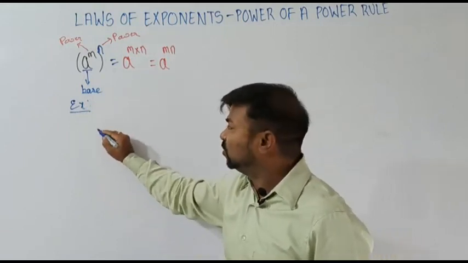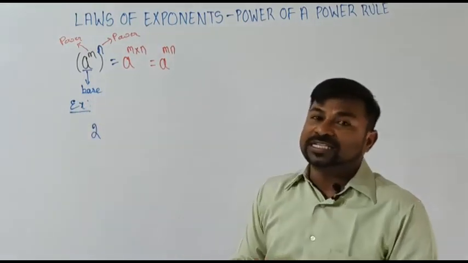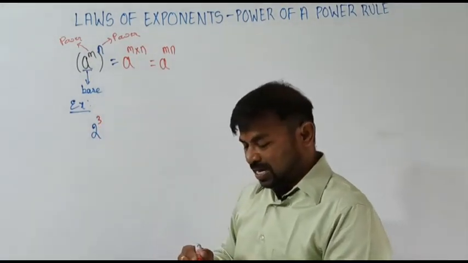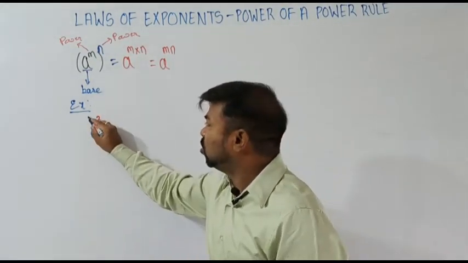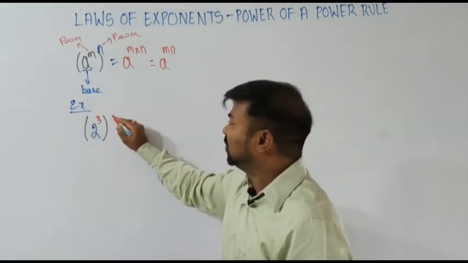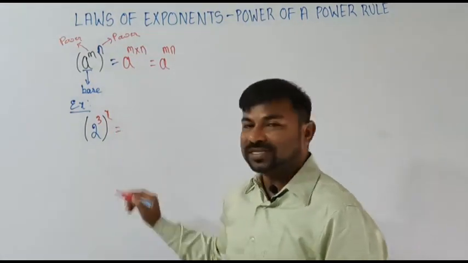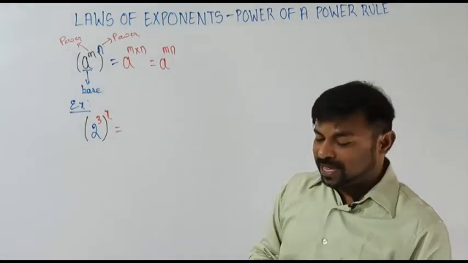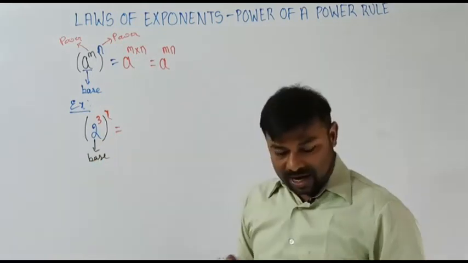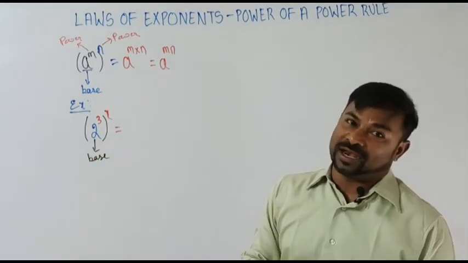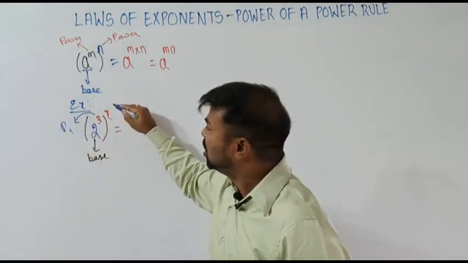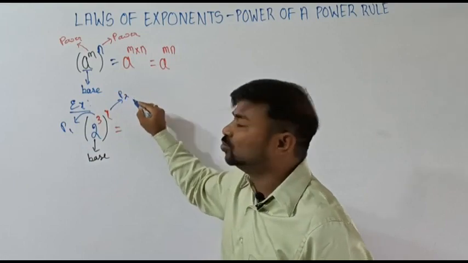I'm giving an example for you. 2 to the power, I'm going very simple, 2 to the power 3, whole to the power, again something like a variable here, x. See here, now which becomes the base? This is the base for us. And which are the two powers we have? This is the first power, power 1, and this becomes power 2.